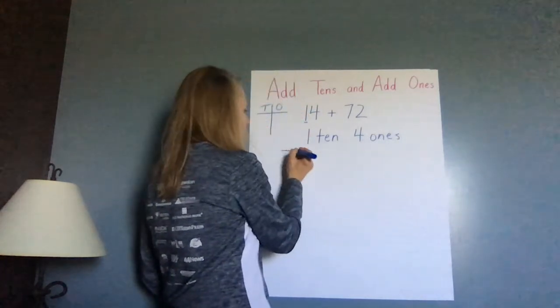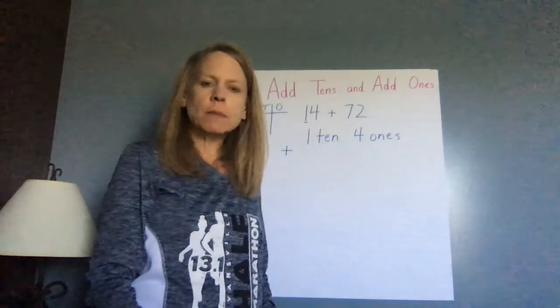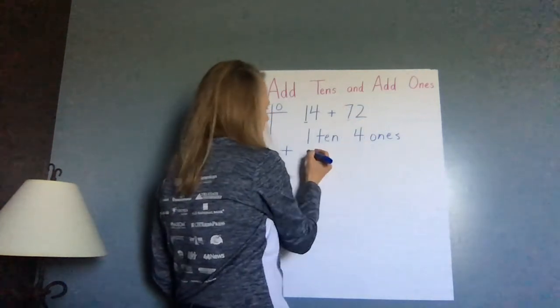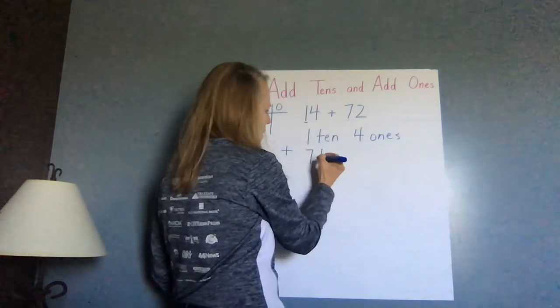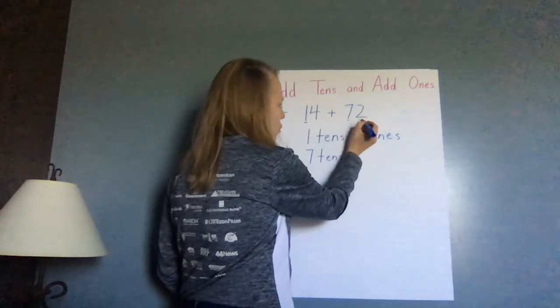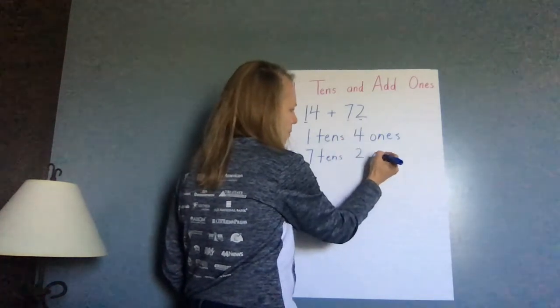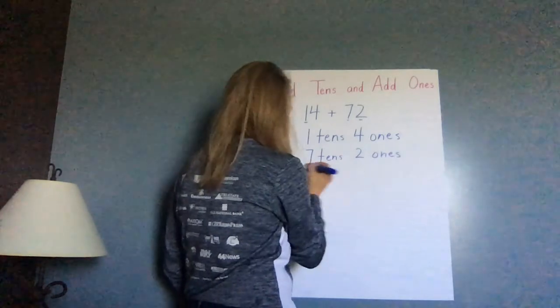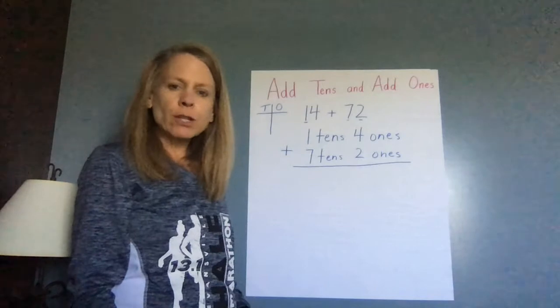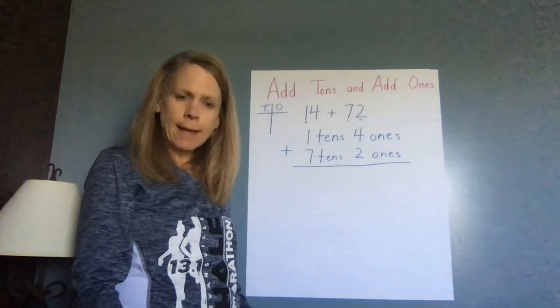Now, this is what's going to be different. I'm going to put this below it. And then if I have 72, I know that I have 7 tens and 2 ones. So I'm going to draw a line underneath of it. And I'm going to first add the tens.